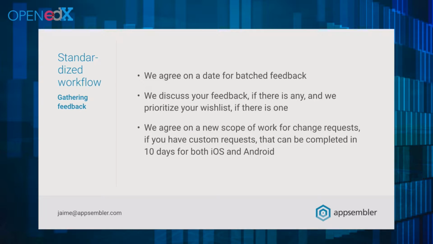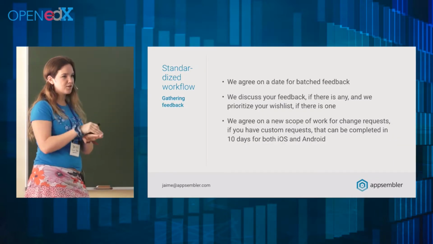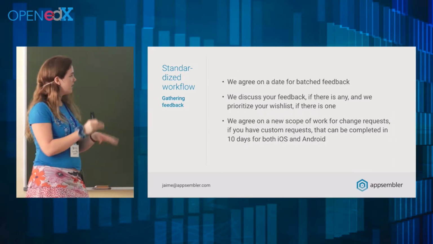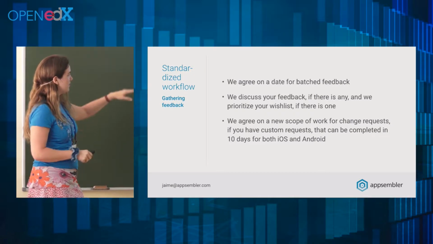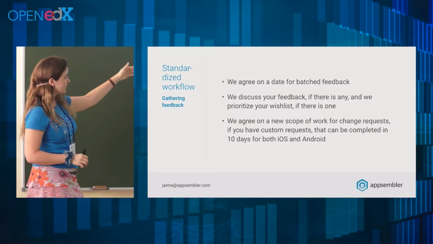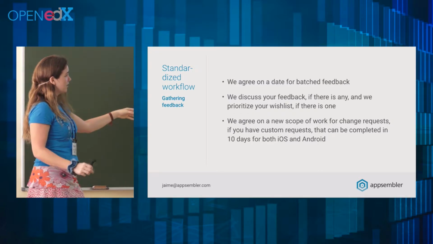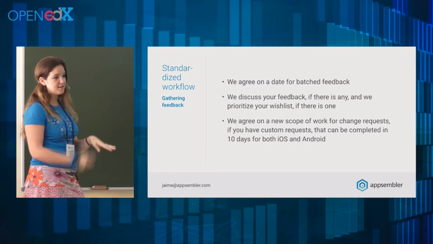Then we have a meeting where we discuss it. We discuss your needs, we prioritize them, and we have a customer success lead who leads that discussion. And the customer success lead brings in a developer usually for 30 minutes of a call to just finalize that. And our goal generally is to agree on a scope of work that can be completed in 10 days for the next iteration.